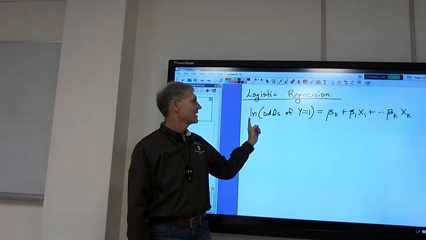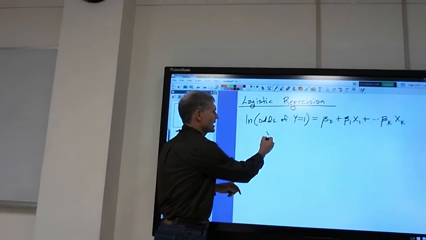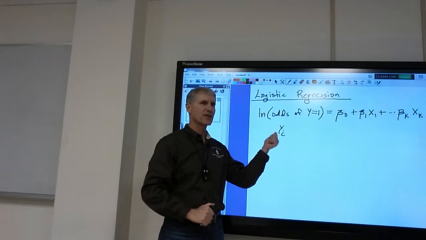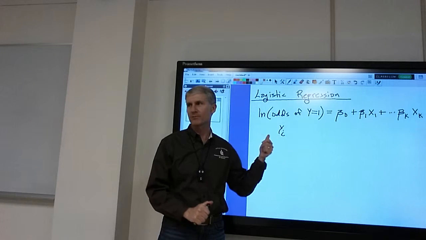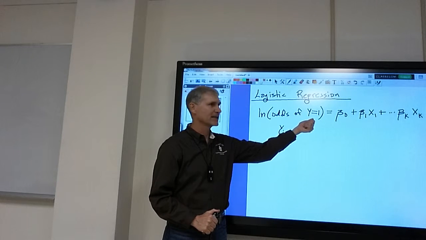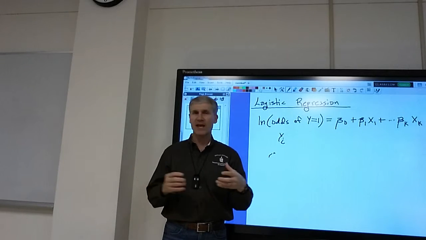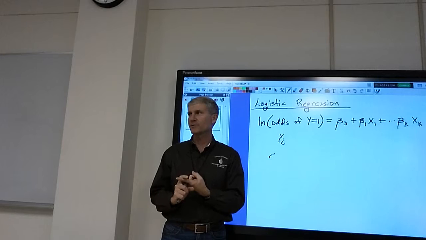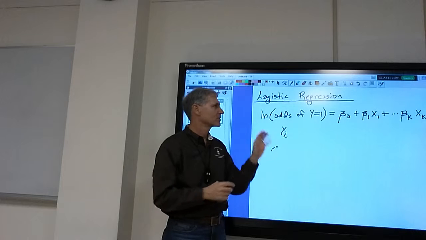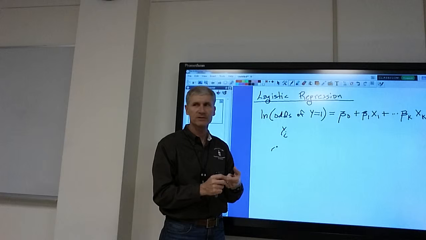In regular regression, over here is y sub i, the y value for the ith person, or the ith object, or subject, whatever it is. What is this? Well, it's odds of yi equal 1. So now that's a group statistic. You can't compute the odds from a single observation. So you've already had to pool your group together, so there is no error term. There's no residual for a single person.